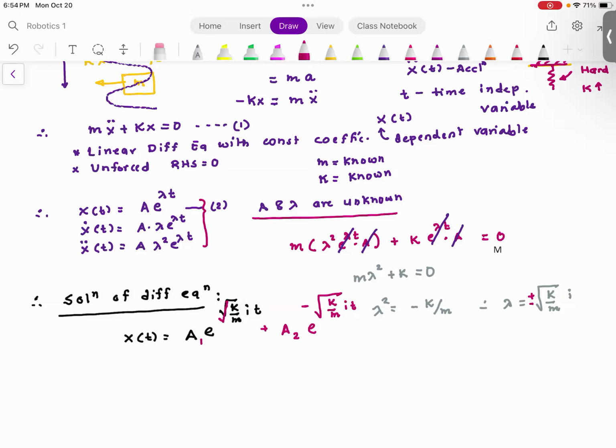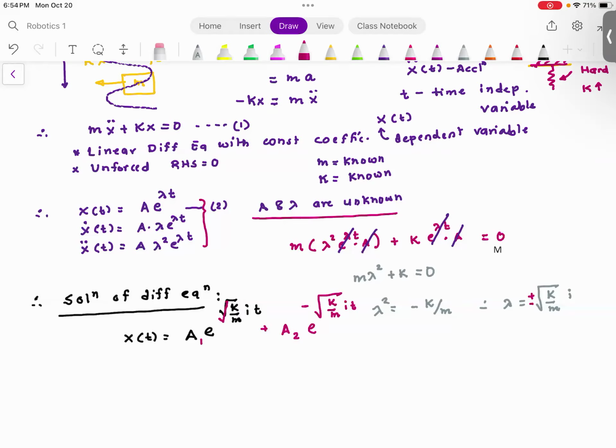In other words, if you substitute in this expression, and I want you to try this, imagine a2 is equal to 0. If you substitute x(t) is equal to a1 e to the square root of k over m i t into equation 1, left hand side will be equal to right hand side. If you just take this part of the equation and substitute that in the first equation, left hand side will be equal to right hand side, which means this part solves the differential equation.